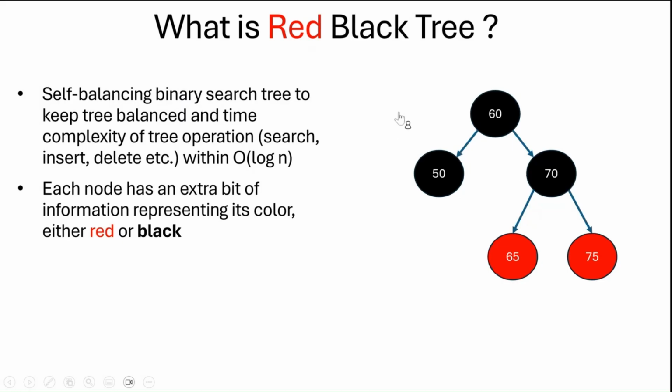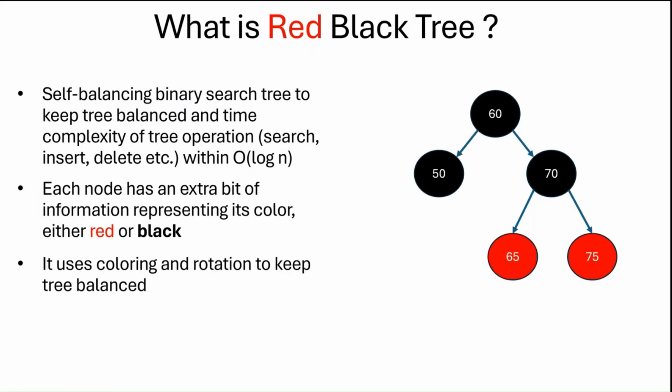But in a red-black tree, along with that, it contains one extra bit, basically 0 or 1, to represent the color of the node. Why? Because using this color property only, it balances itself. We'll understand the properties based on which it balances in the next slide. So it uses this coloring property and rotations to keep itself balanced.